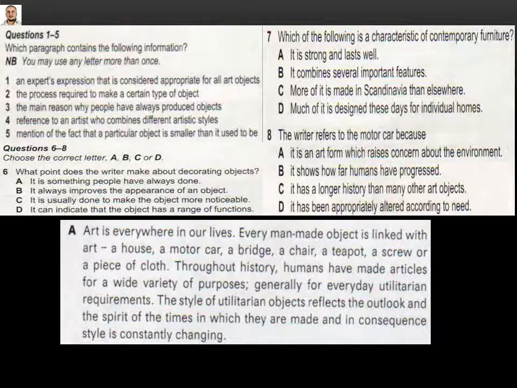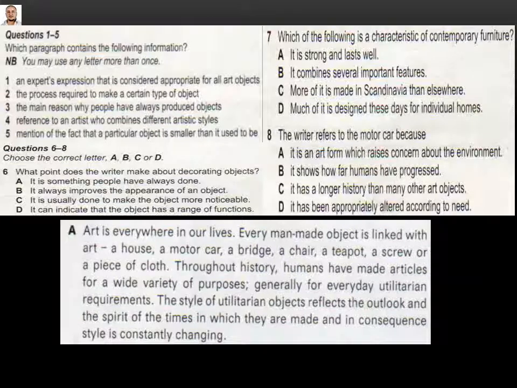Let's come to the answers here. We have 1 talking about an expert's life. It doesn't talk about an expression. 2, the process required. It doesn't talk about a process. 3, the main reason why people have always produced objects. Yes, it talks about the main reason why people have always produced objects.